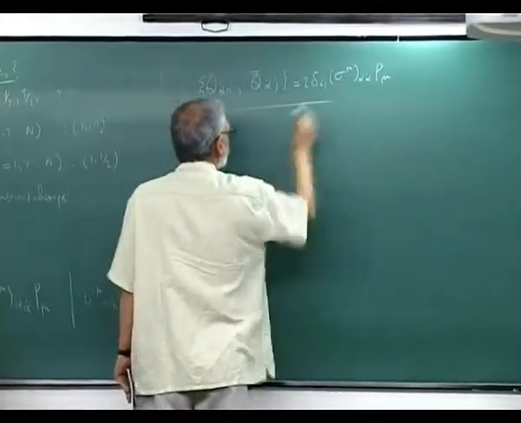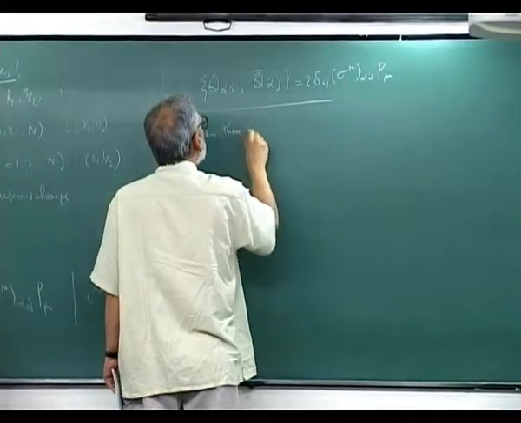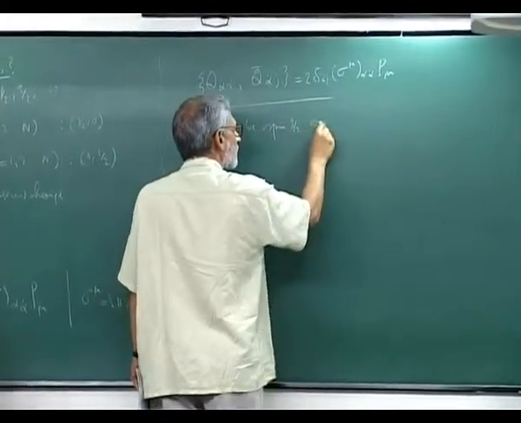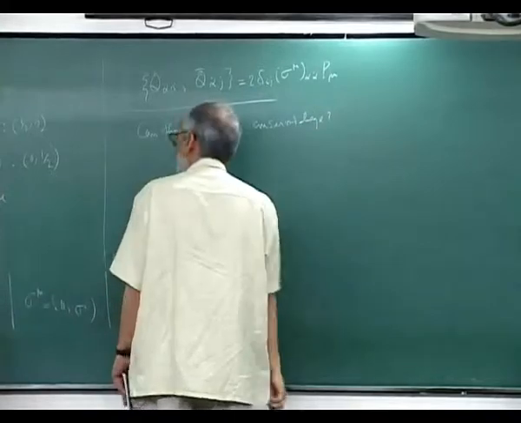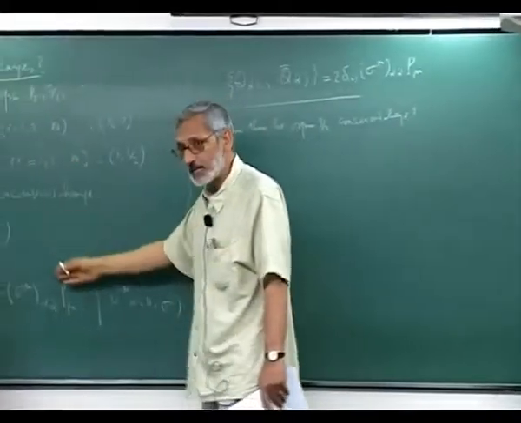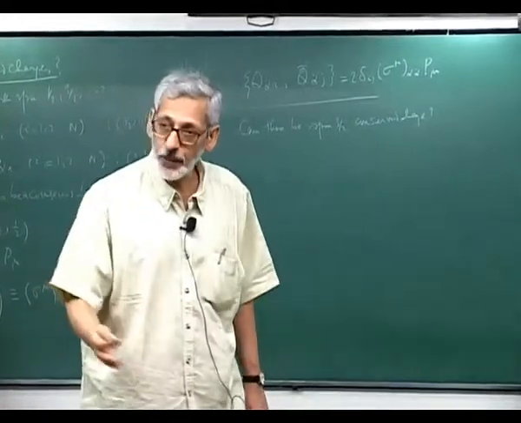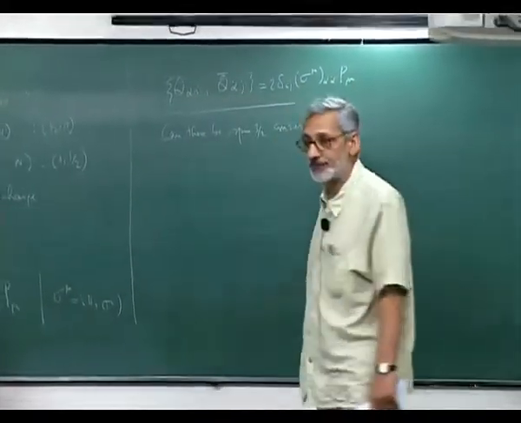Next, now can there be spin 3 half conserved charge? Now this we realize that spin half conserved charge can be there, but then it must have the property that the anti-commutator of these two objects should be proportional to P mu.